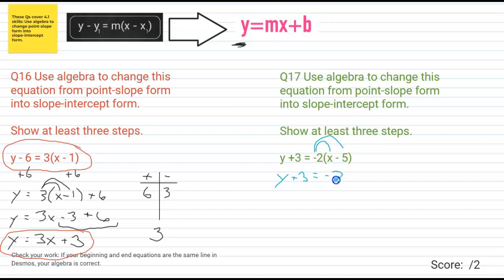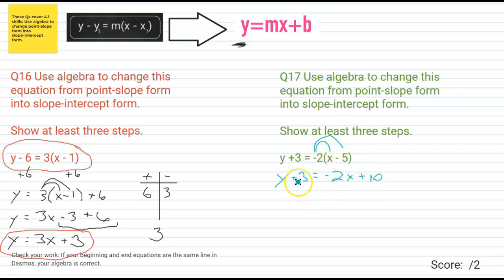Because when you are doing algebra, it doesn't always matter which order you do things in as long as you don't break any rules of algebra. There can be ways that are easier, but you often have a choice. So when we distributed, we got negative 2x plus 10, because negative 2 times negative 5 is 10.